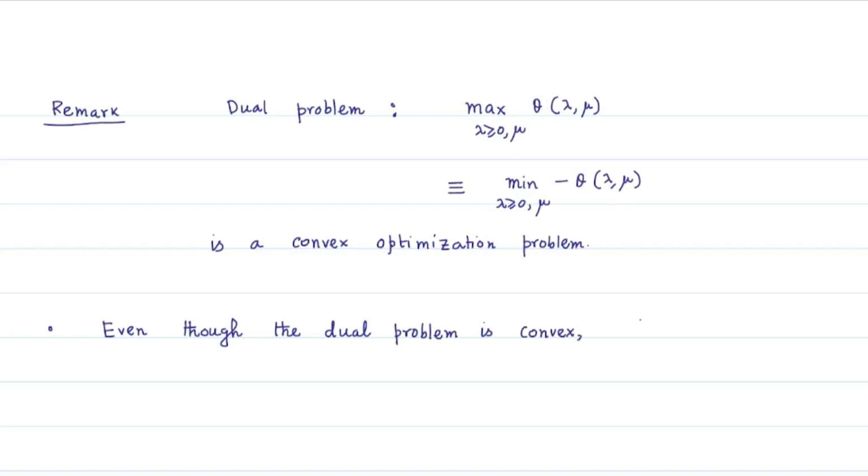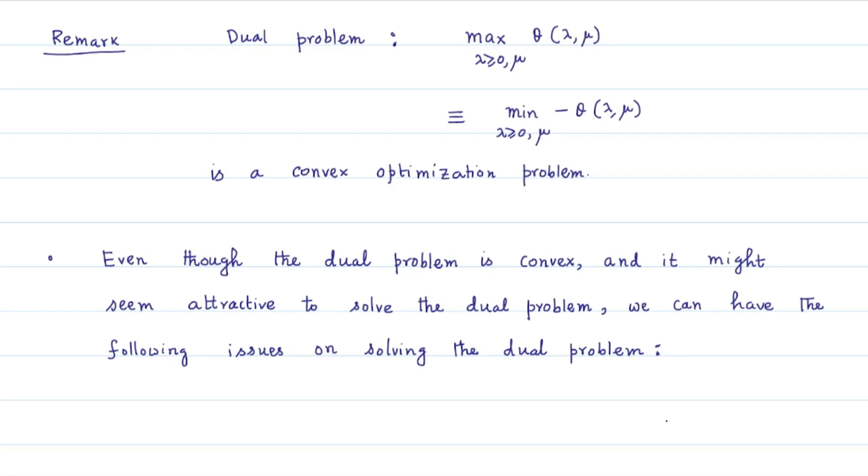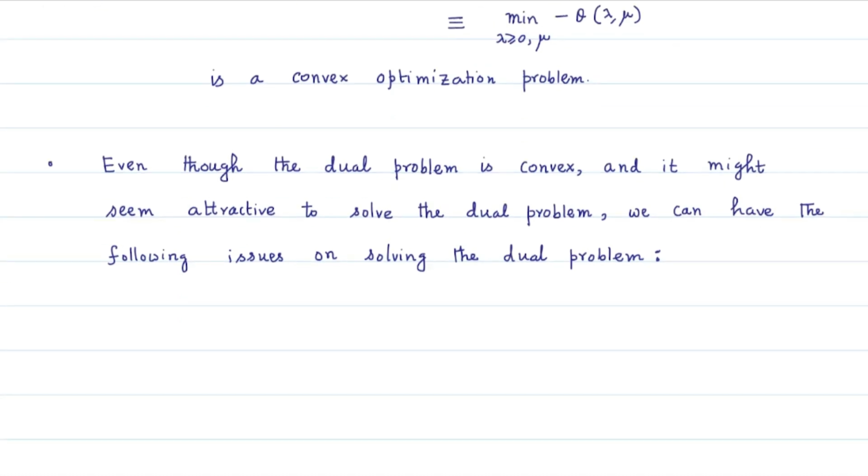These issues are as follows. The issues are that it is often difficult to find an explicit expression of this dual objective function, and therefore it will be difficult to find a solution to the dual problem.